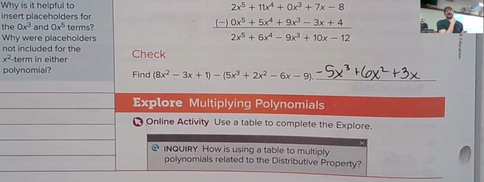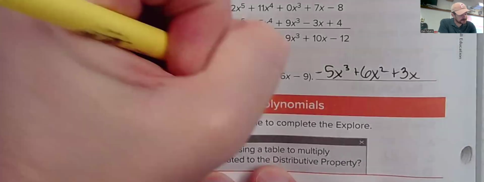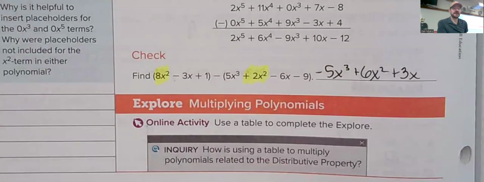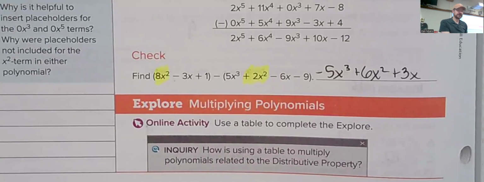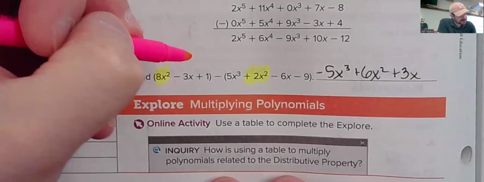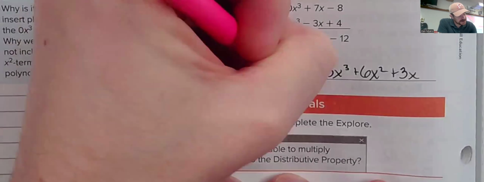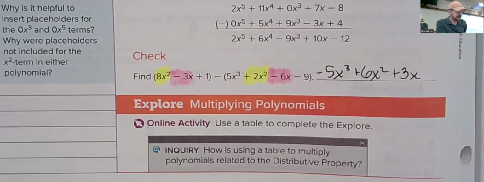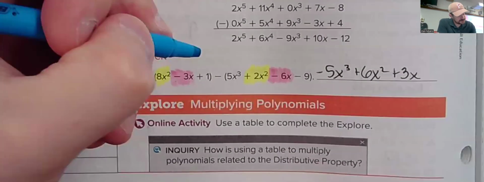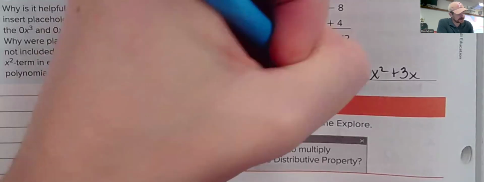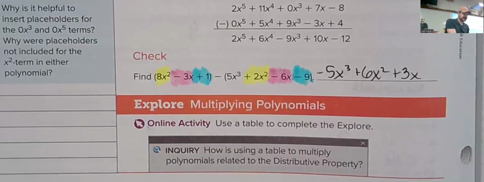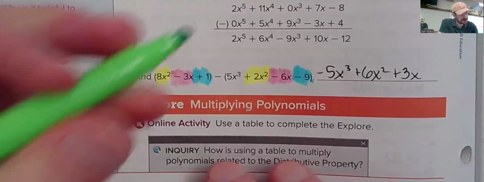As long as you're paying really close attention to the value of the exponent, and you're matching up like terms here, that squared would go with that squared there. This x would match up with that x. And then the 1 is going to match up with the -9 there, which leaves this 5x cubed out front all by itself.